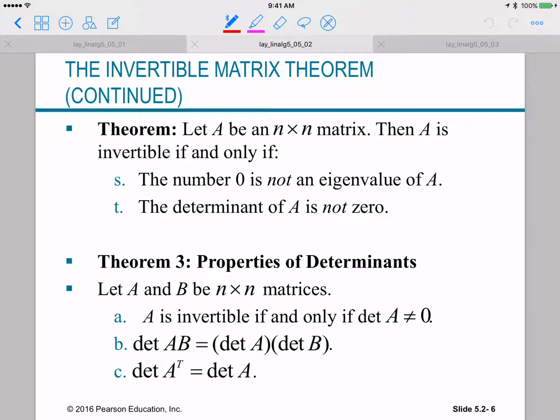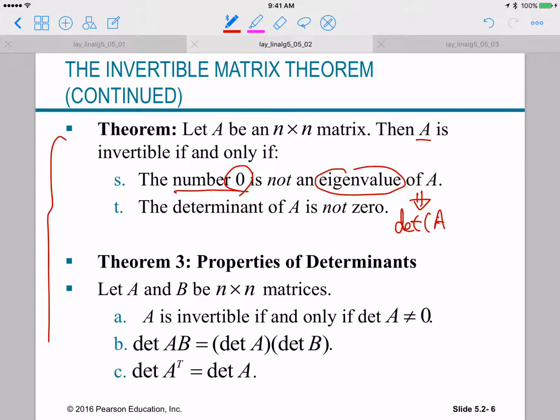And then using these determinants, again, these are also what you learned already. So we are talking about the invertible matrix theorem. When your matrix is invertible, we can utilize this eigenvalue: if 0 is not an eigenvalue of your matrix A, it means your matrix is invertible.